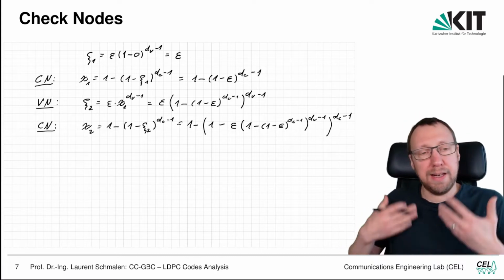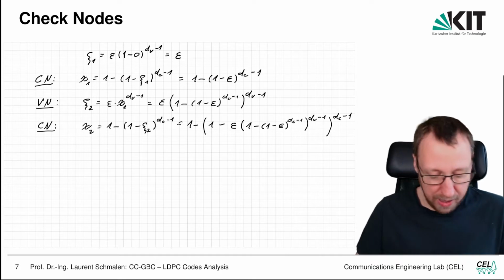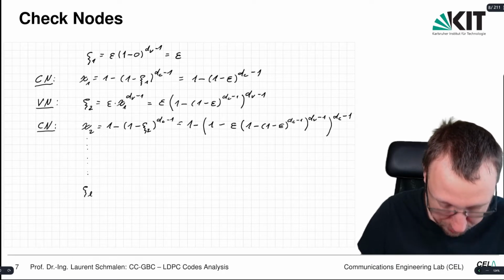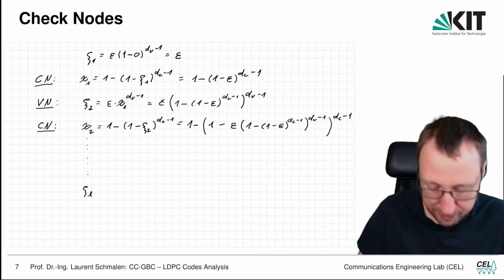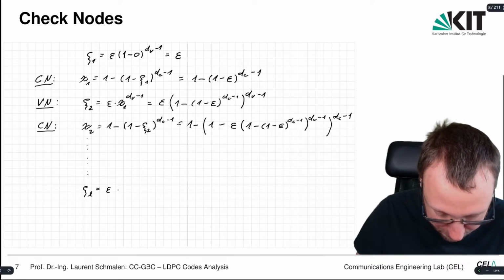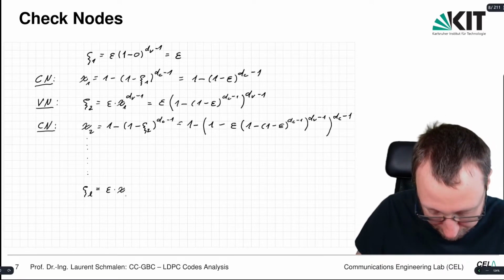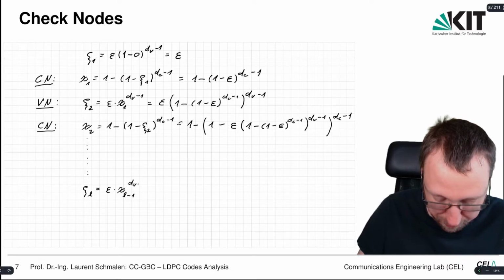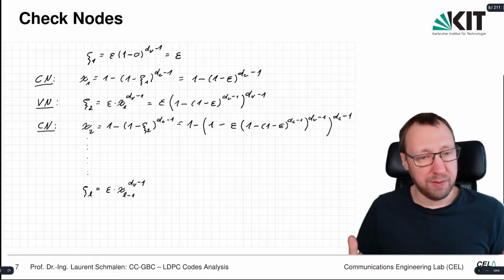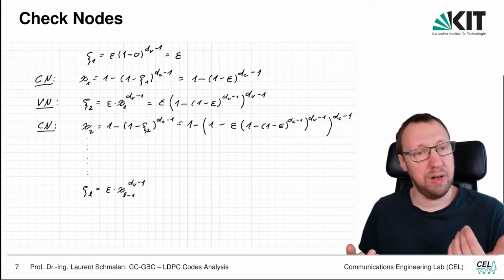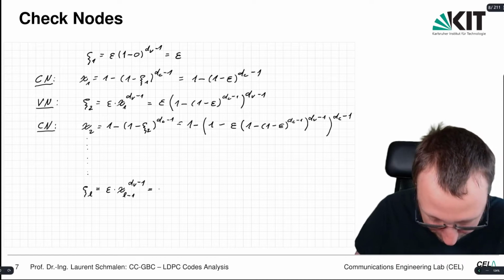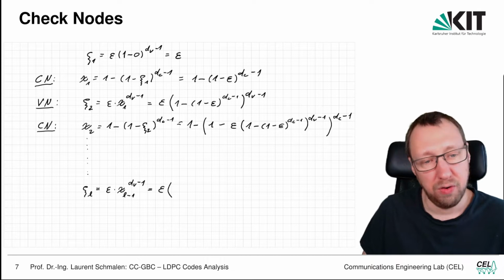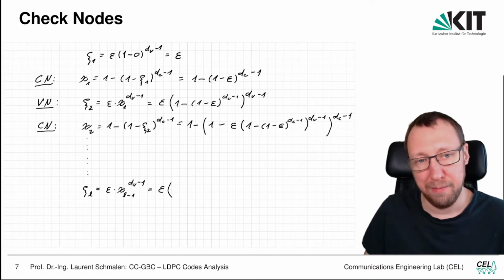You can see the expressions start to get very involved, and essentially we need to repeat this until we reach some xiL, and xiL is epsilon times chi L minus 1 to the power dv minus 1. And we can express this in terms of xi L minus 1. So this is equal to epsilon times, now we insert chi L minus 1 as a function of xi L minus 1.